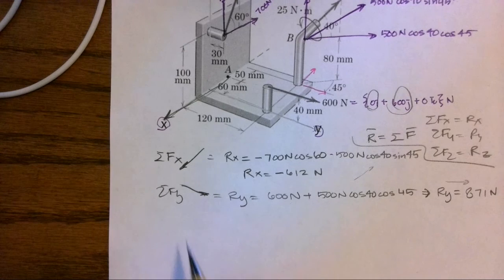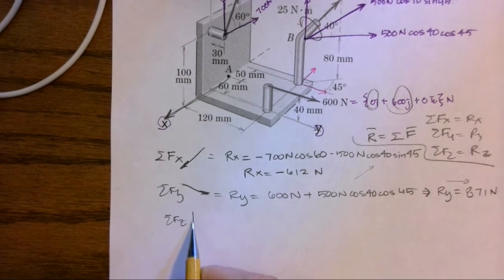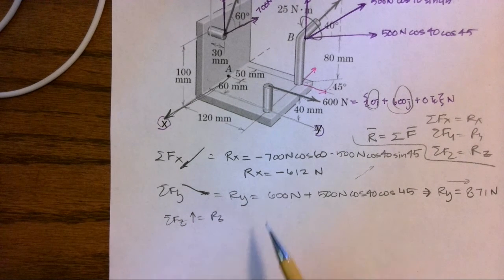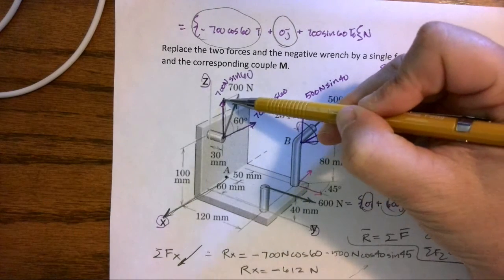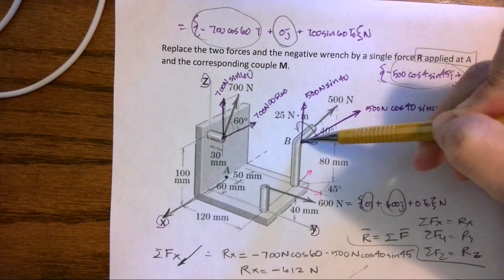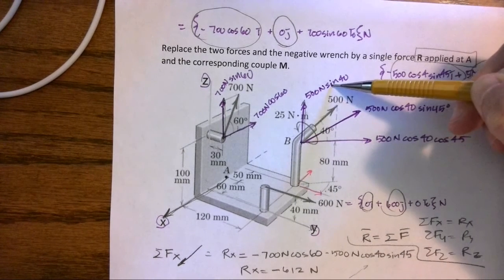This one, if we want to know, it's acting kind of back. And we can sum forces in the z direction, up positive. That gives me my resultant in the z. So I can look here: 700 newtons sine 60, 500 newtons sine 40, 0.